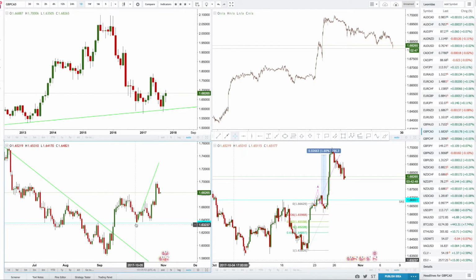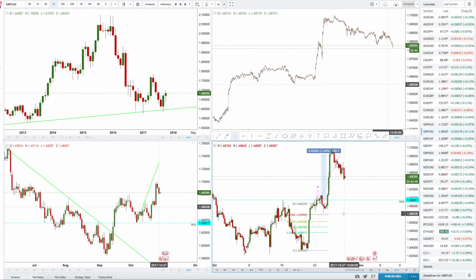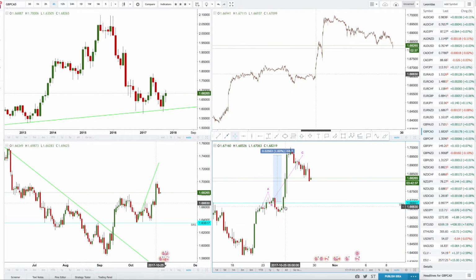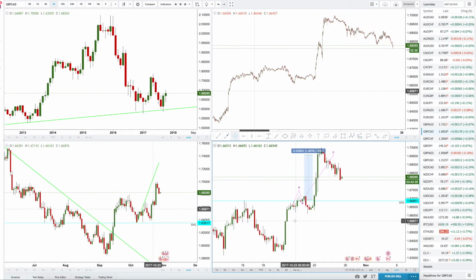Now, obviously a good bounce here, still going up. Last week we were looking for this type of move here, and we pretty much got it.